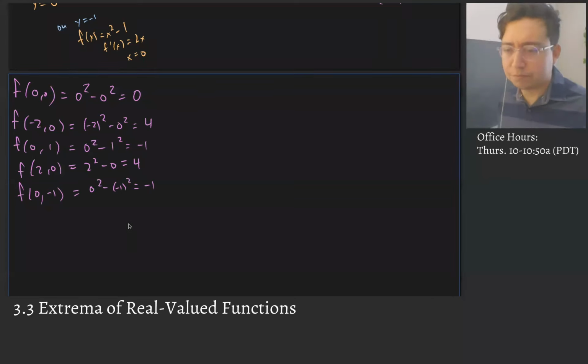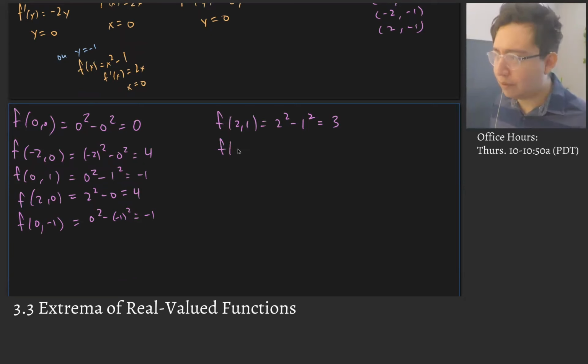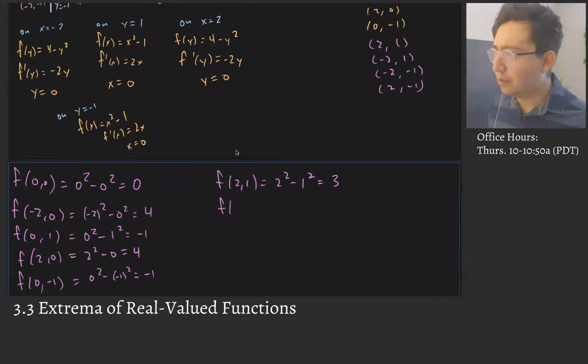Then we have f of, so what are we noticing about all the corner pieces here? We can work smarter, not harder. See that, right? What's going to happen to x and y? We're just going to square them. So none of these negative signs actually do anything, because once you square them, you get the same thing. So you can see that all of these are actually going to equal the same thing.